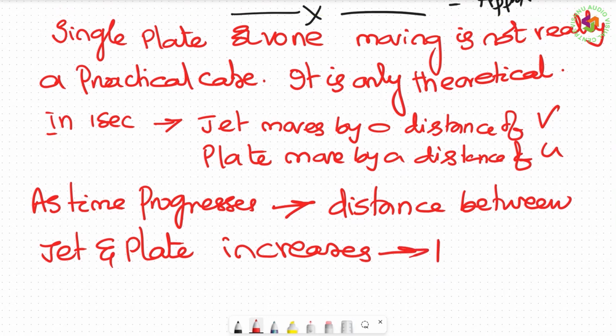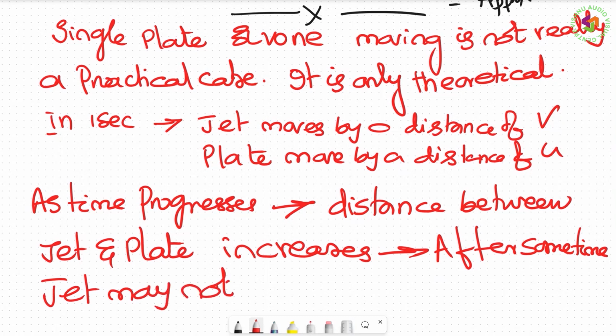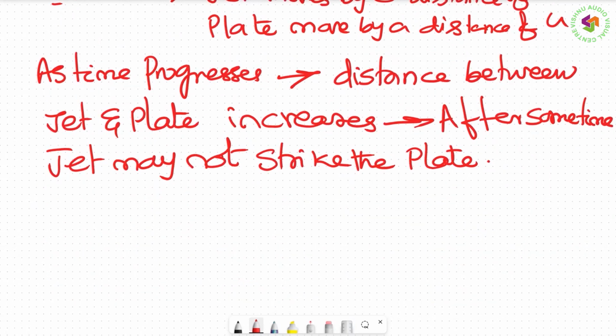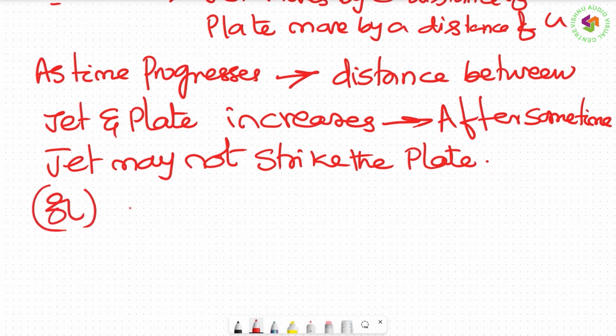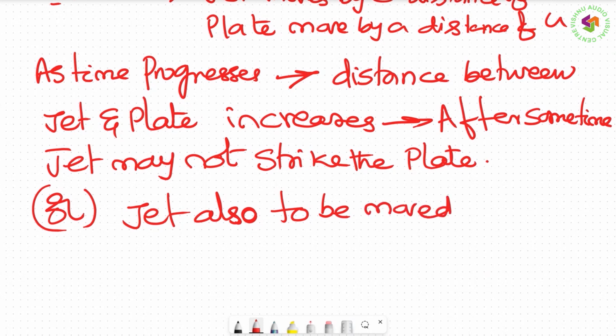Then after some time, the jet may not strike the plate at all, or the jet also has to be moved, which is not practicable or feasible.